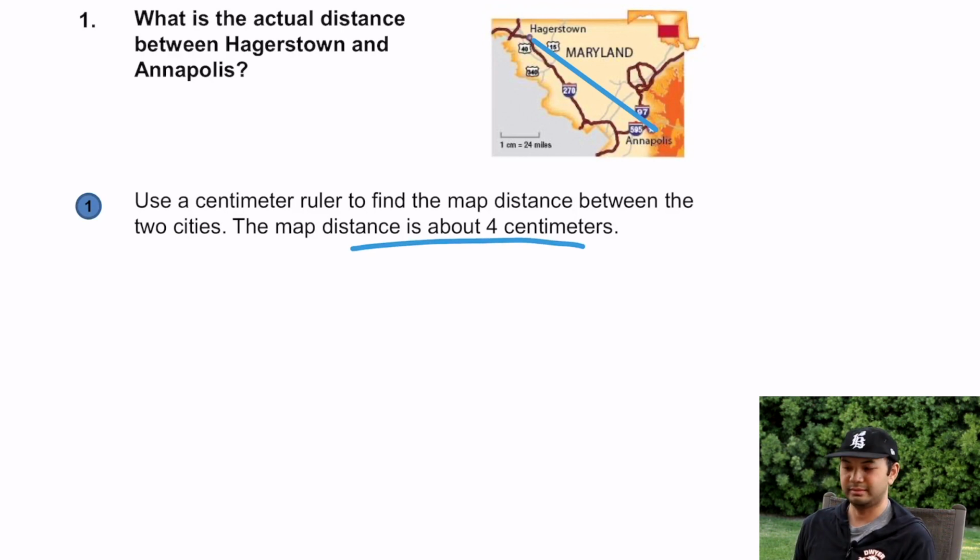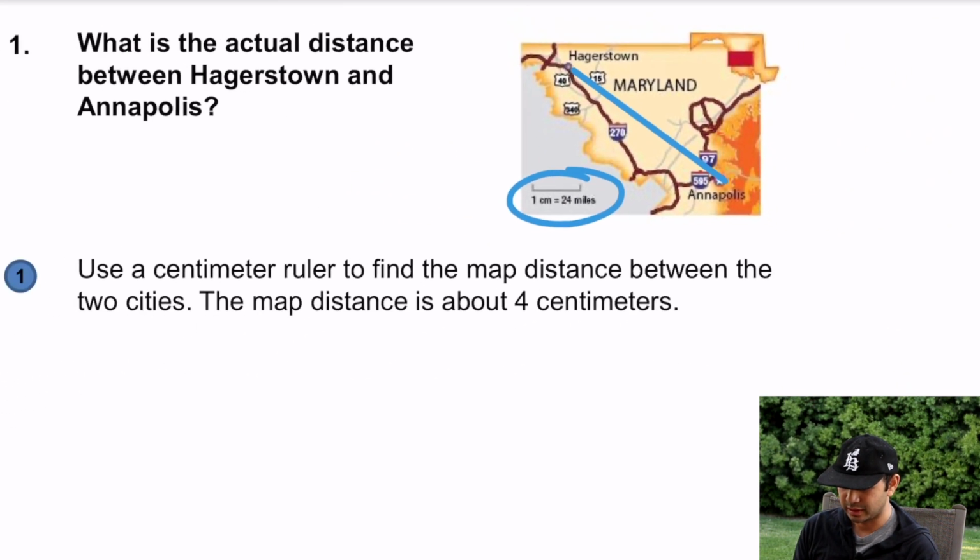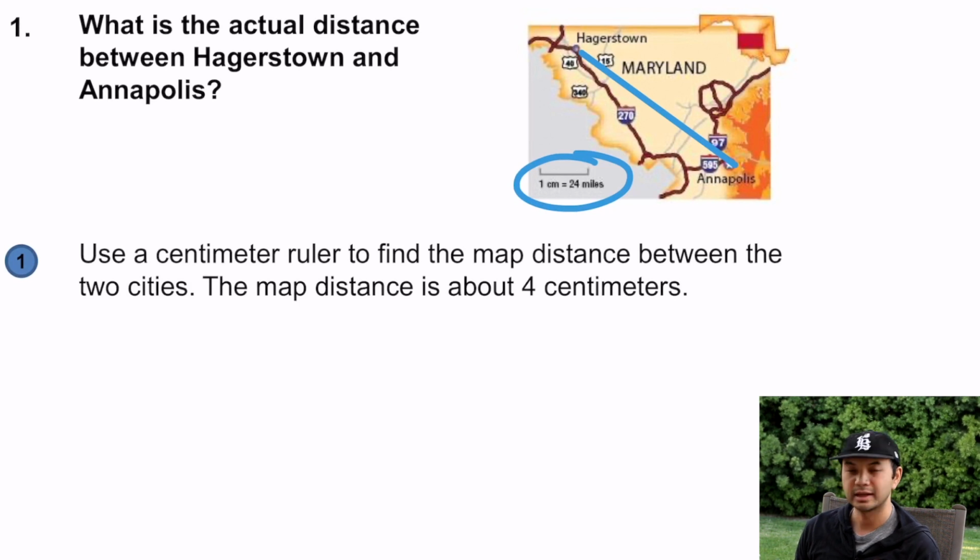All right, there we have one part of it. So if you wanted to find the actual distance, you would use the legend right here: 1 centimeter equals 24 miles, and use the fact that on the map it's 4 centimeters. So we can write a proportion: 4 centimeters over x miles equals 1 centimeter over 24 miles.